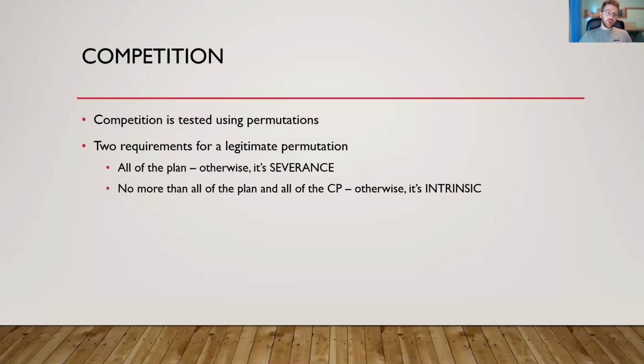So what does the plan do and what does the counterplan do? And does the perm do everything the plan does and no more than what the plan and counterplan do? Right? So those are two different ways you can use to figure out if a perm is legitimate. And what you're saying is you can avoid being textually intrinsic by building your perm out of words from the counterplan text. And I agree, in a process counterplan debate, that can be a good idea. But that is a little in the weeds for now.